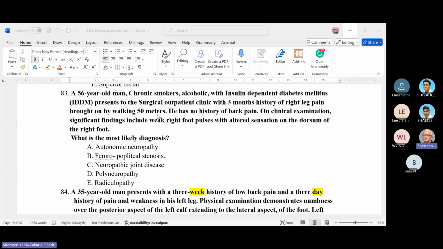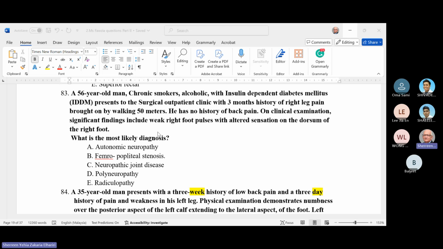He has no history of backache. In clinical examination, significant findings include a weak right foot pulse, so the pulsation of the right dorsalis pedis is weak. Sensation in the dorsum of the foot is also impaired. So what is the most likely diagnosis? Just easy. What is the common site of ischemia? Anyone?